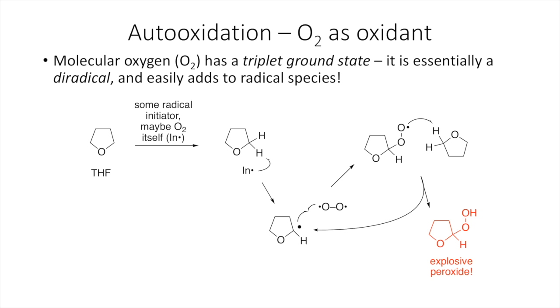But that radical can also just add to oxygen, and that gives this peroxy radical. That peroxy radical can take a hydrogen atom from another molecule of THF. This is now a chain reaction because we regenerate some of this radical, and our product is this explosive peroxide that's actually shock sensitive, so you have to be very careful with it.